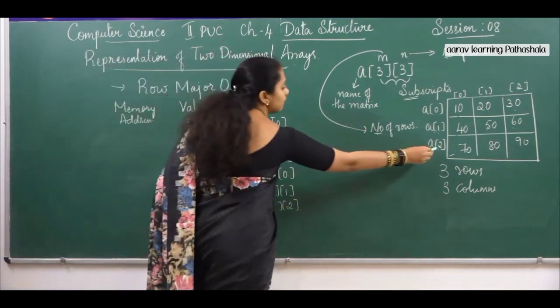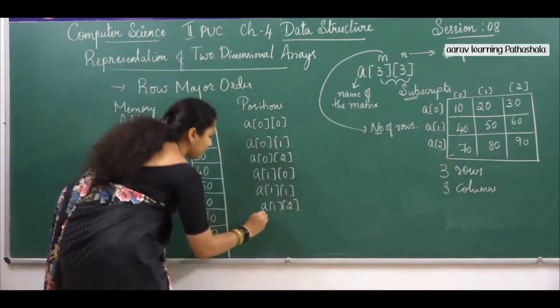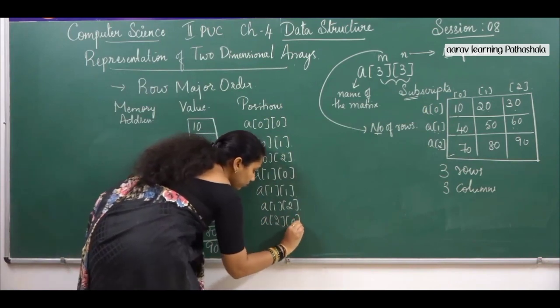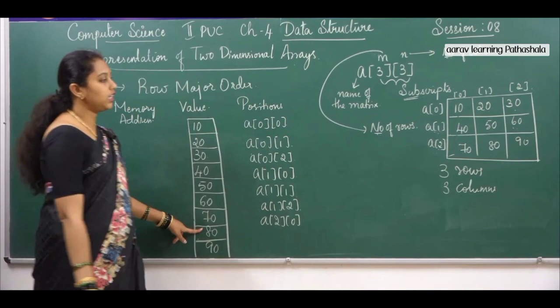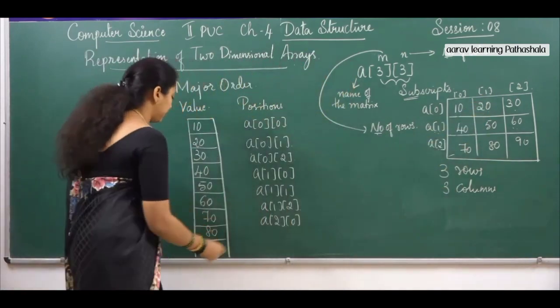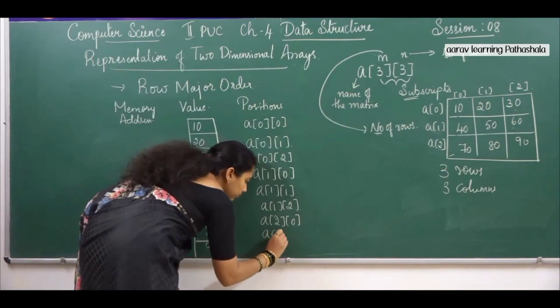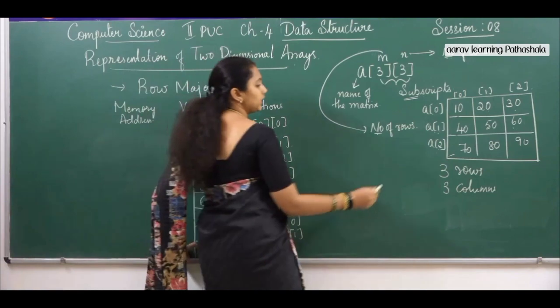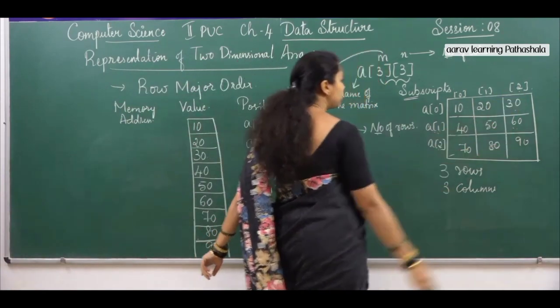The position value of 70 is A of 2, 0. What about 80? A of 2, 1. What about 90? That is A of 2, 2.